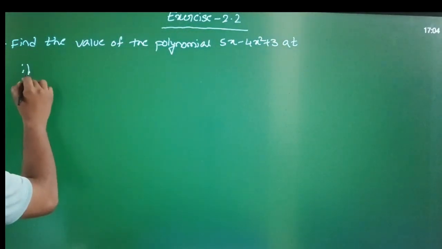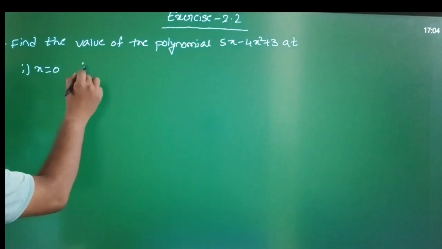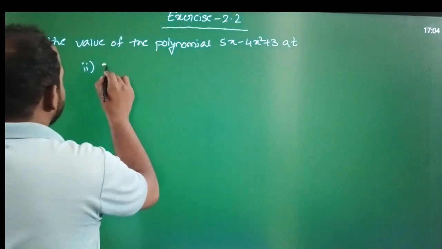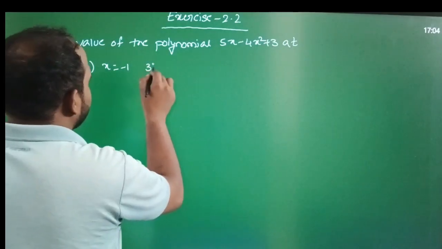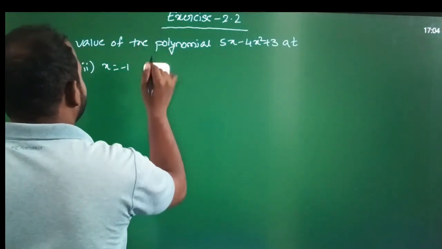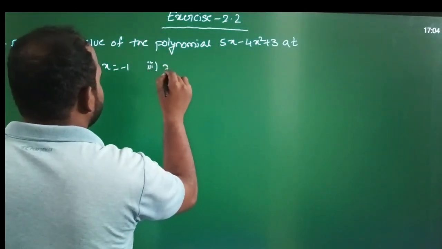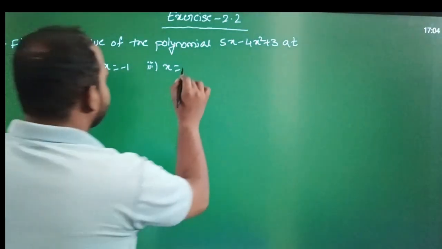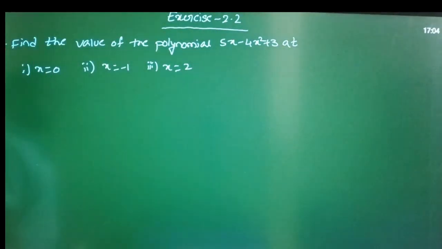First one, x equals 0. Second one, x equals minus 1. And the third, x equals 2.